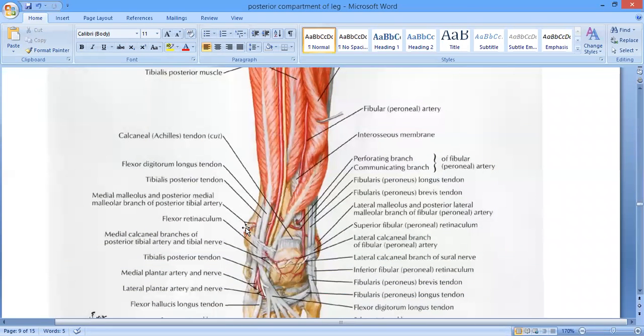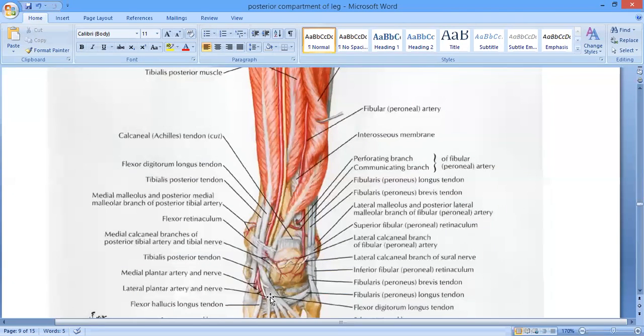Okay? They contribute to the medial malleolar network. Then it is going to give the medial calcaneal branches, which are going to make the anastomosis with the lateral calcaneal branches over the posterior aspect of the calcaneum. Okay ji? And then number 7, it is going to give the terminal branches, the medial plantar artery and the lateral plantar artery. Is it clear, ji? Is there any problem, ji? Any problem in the posterior tibial artery and the peroneal artery, ji? No, sir. Fine. Okay.